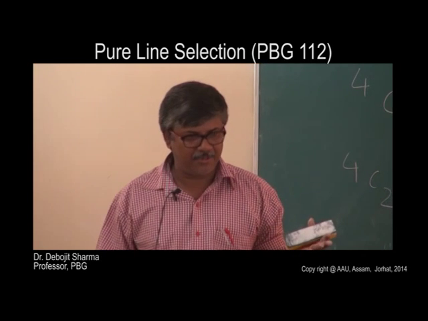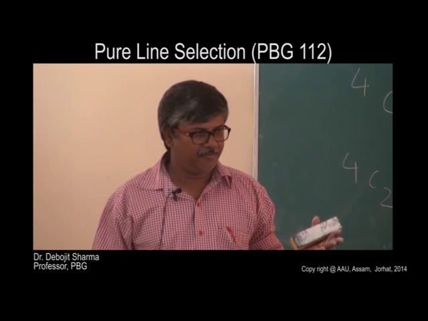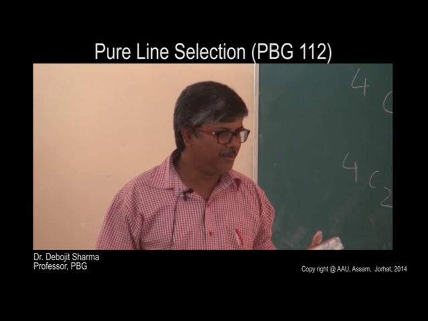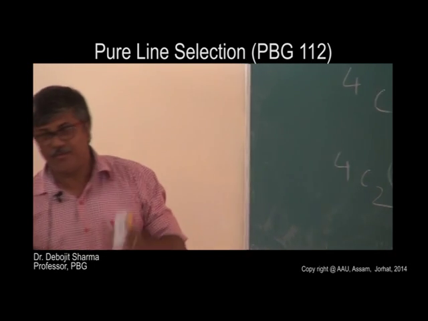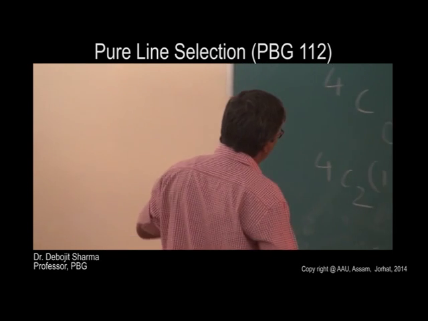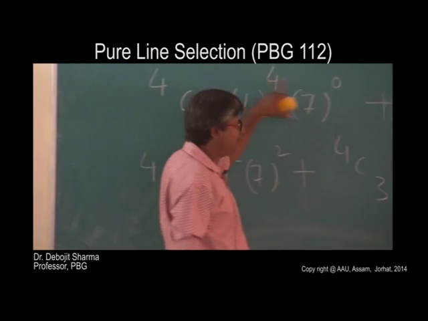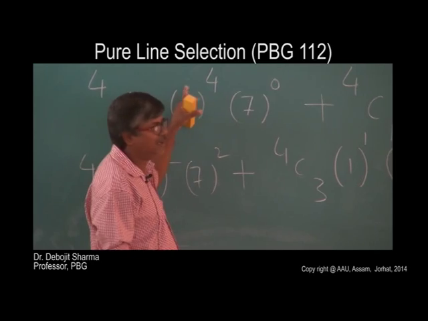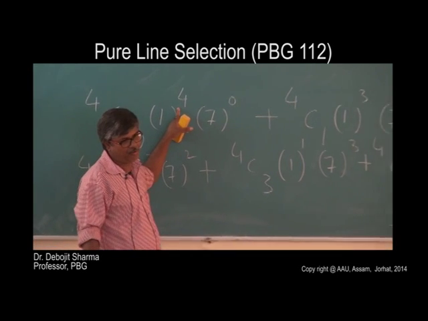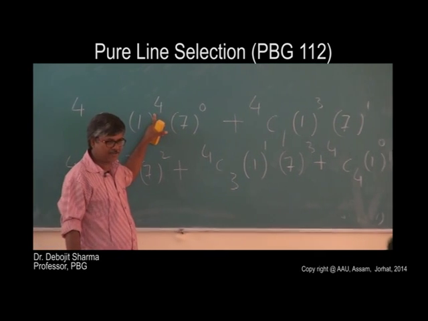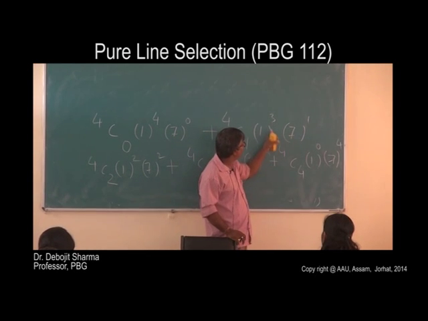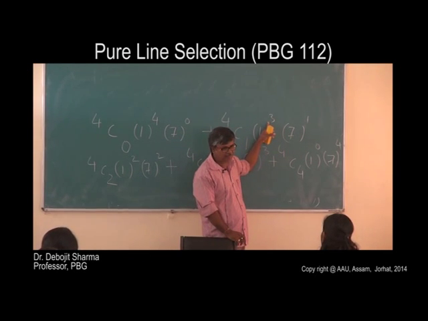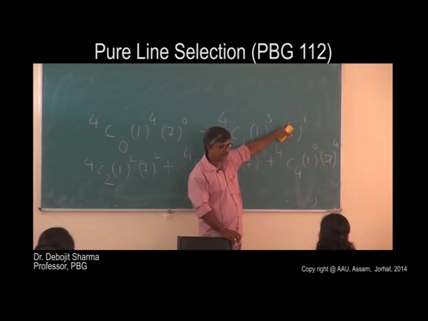There are 4 genes, isn't it? 4 genes are segregating. That means originally two parents had gene differences for 4. So if you solve this term, this will give you the number of individuals having 4 heterozygous genes. And if you solve the next term, this will give you the number of individuals having 3 heterozygous genes and 1 homozygous gene.